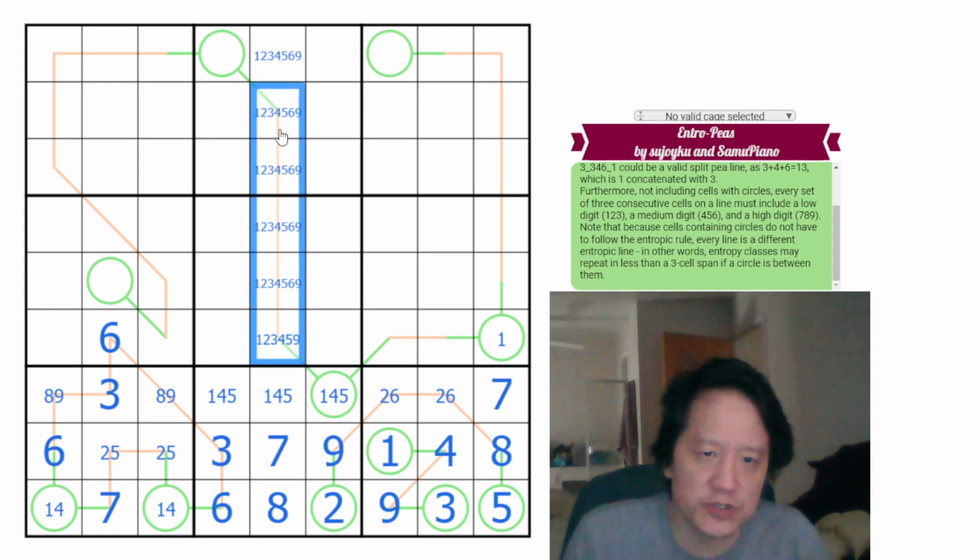What's the most this could be? It could be 3 plus 4 plus 5 plus 6 plus 9. 3, 4, 5, 6, 9 is 27.